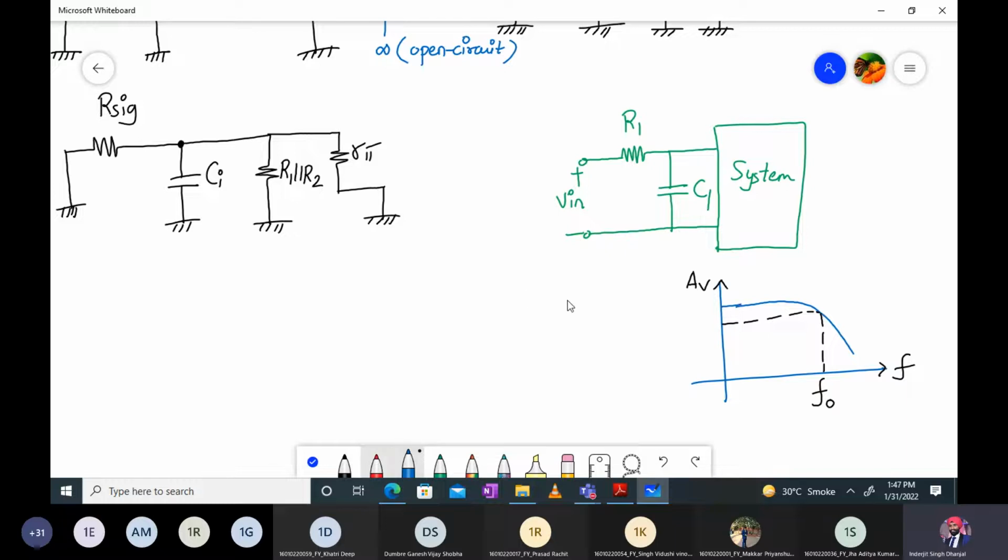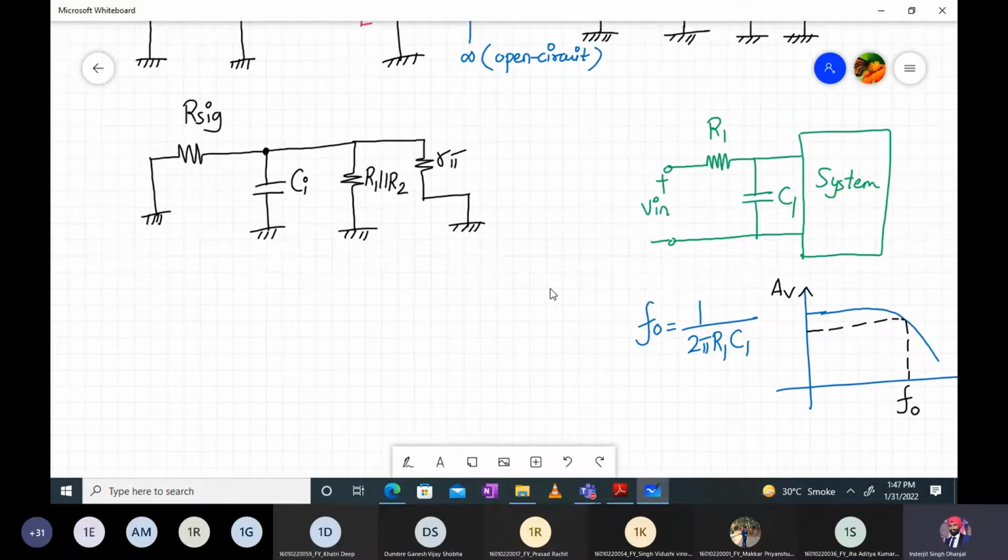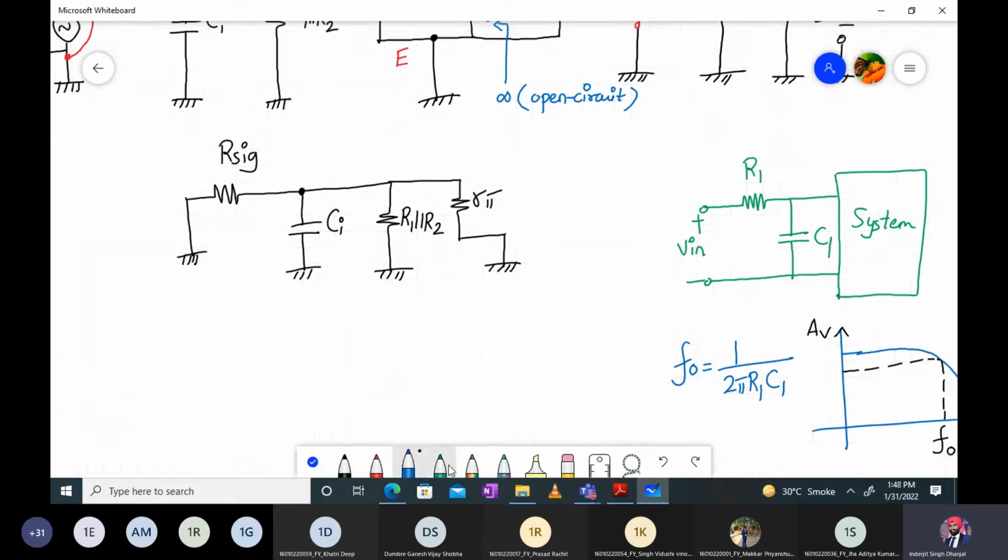So what will f0 be given by? f0 will be given by 1 upon 2 pi R1 into C1. In our case also we have a system, right? So for this system we have to find out Ri. Can anyone tell me what is Ri?